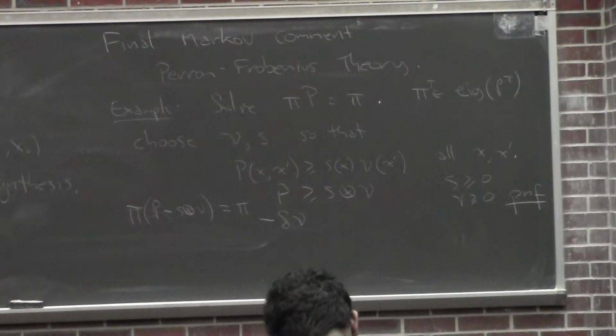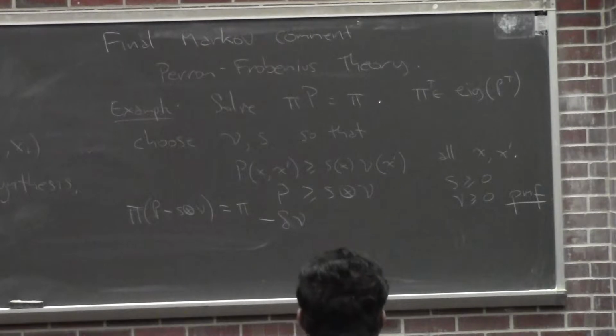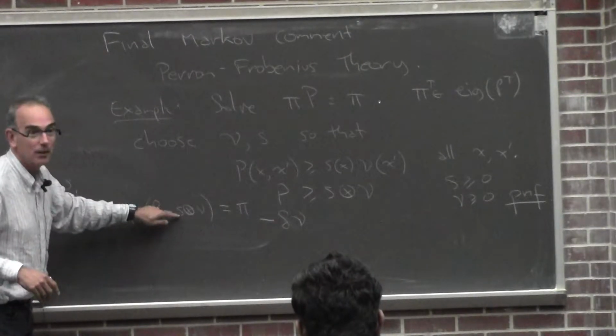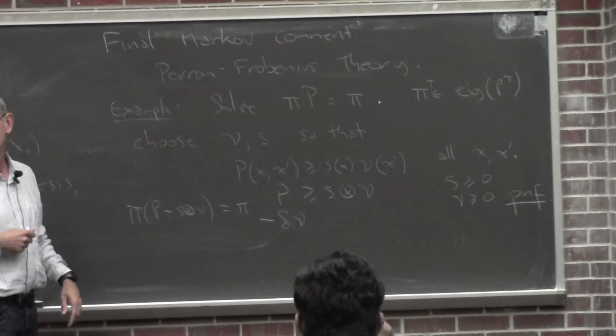Now remember, S is a column vector, nu is a row vector. We just subtracted off a rank 1 matrix. And if pi is a row vector, I multiply it through, the row vector hits the column vector, wham, it's a dot product.